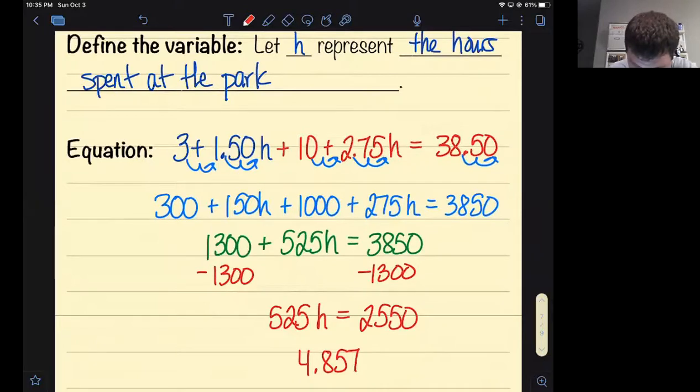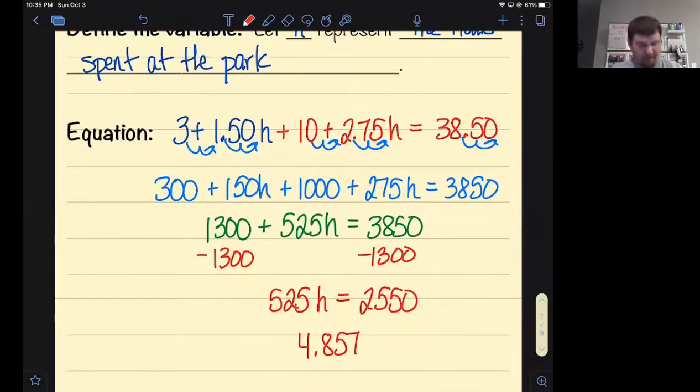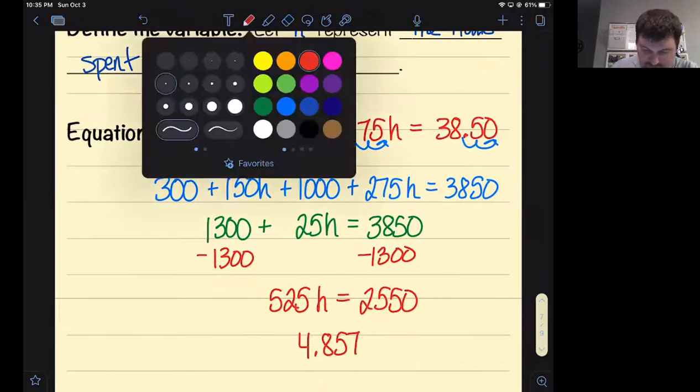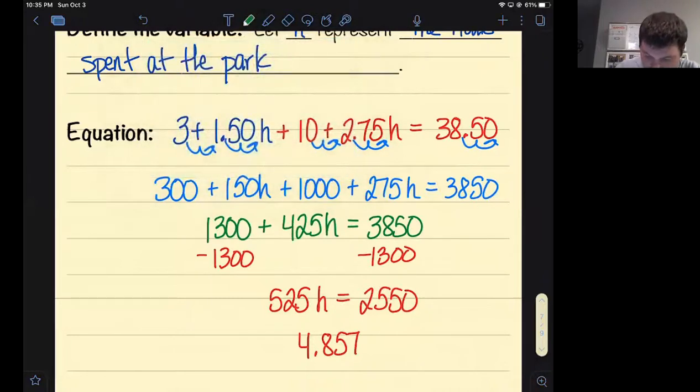Yes, yes, yes. Okay, I wonder if my math is off here. Let me check the 150 plus the 275. Ah, darn, that's 425. You might have caught that on your own. Sorry about that.